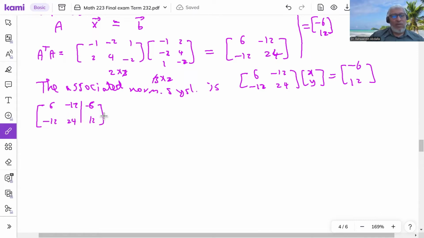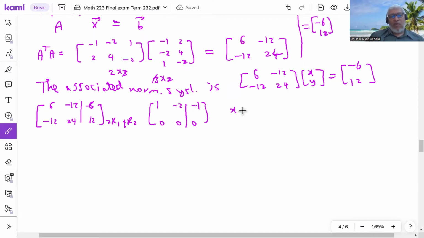You notice if I multiply 2R1 plus R2, then R2 would be zeros: 12 minus 12, negative 24 plus 24. And I can divide R1 by 6, so I'll have 1, negative 2, and negative 1.